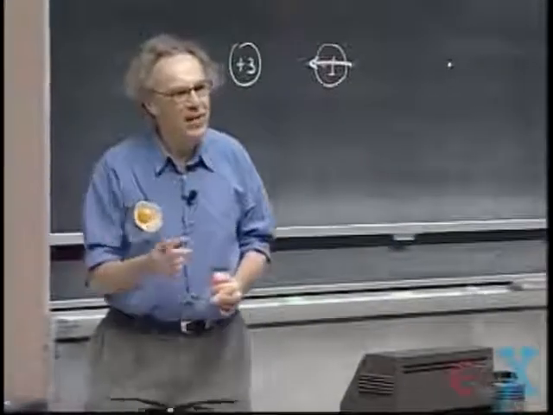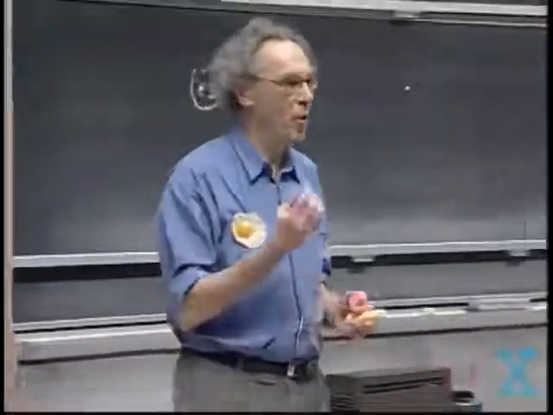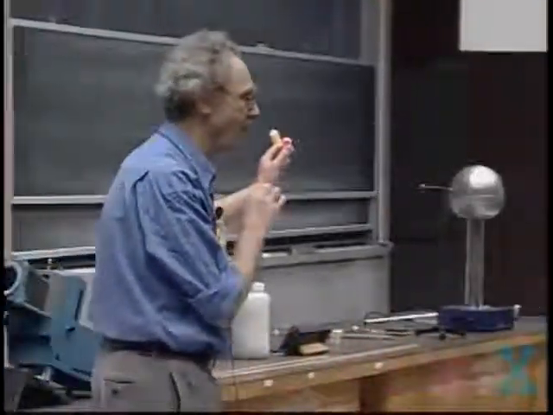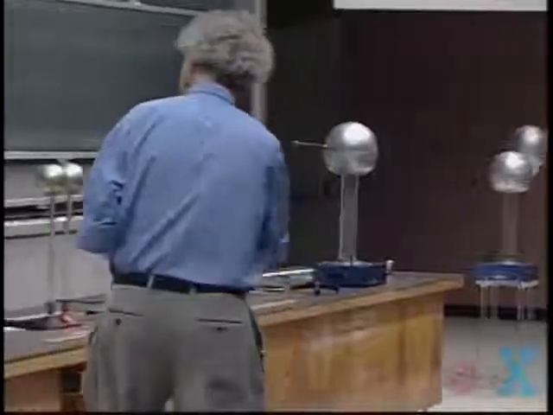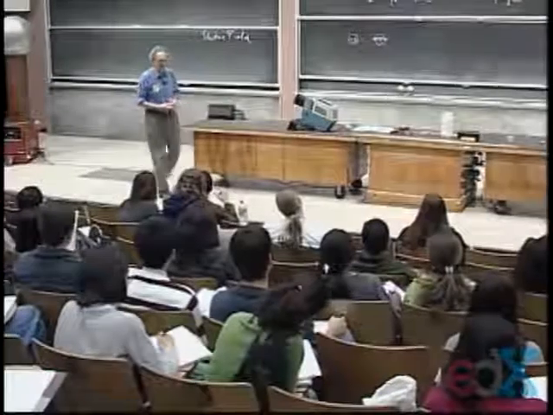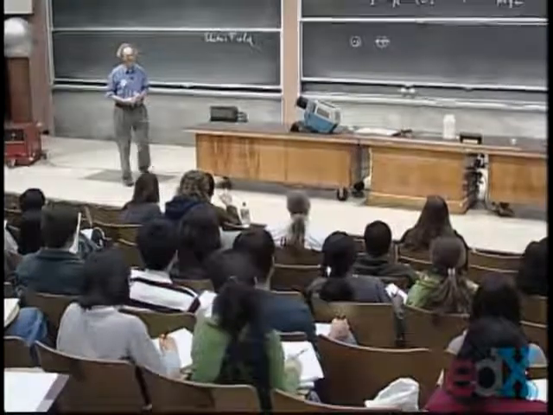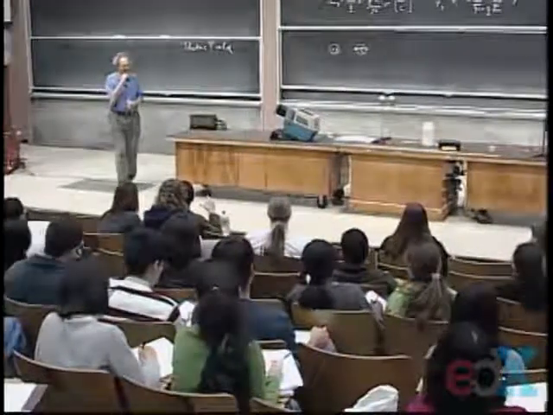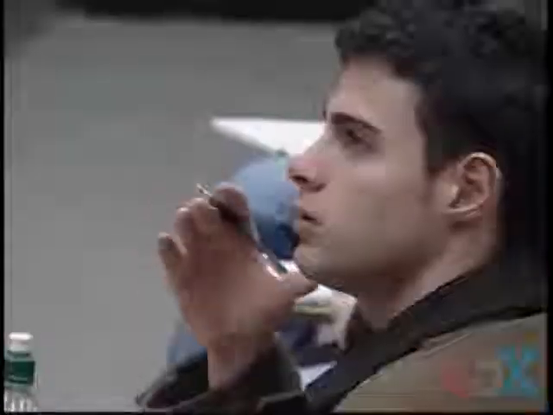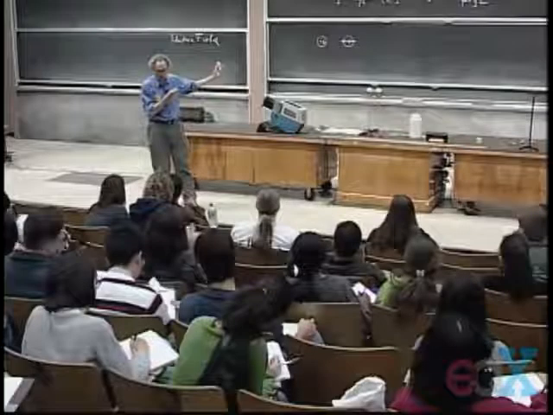What do you think now is the direction of the force on my plus charge? Very far away. Why do you think it's to the left? Do you think -1 wins? So you really think the -1 is stronger than the +3, because the +3 would push it out and the -1 tries to lure it in, right, if the test charge is positive.